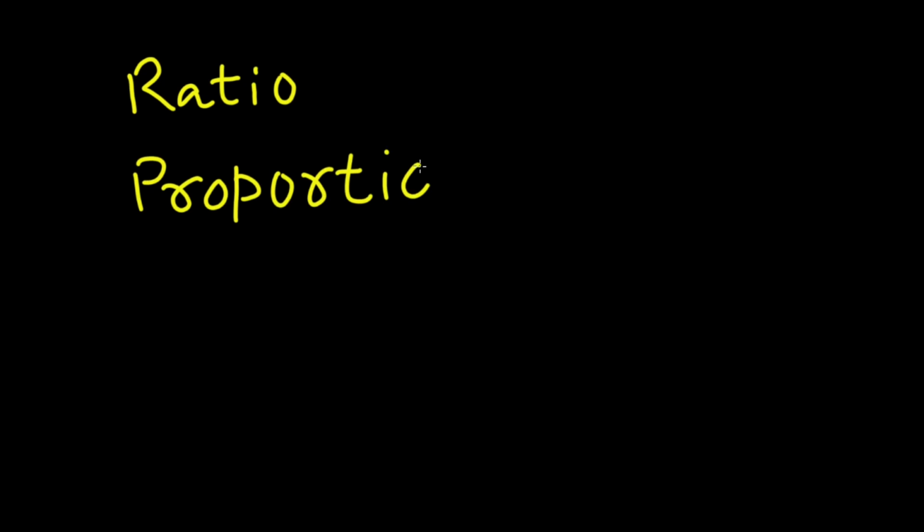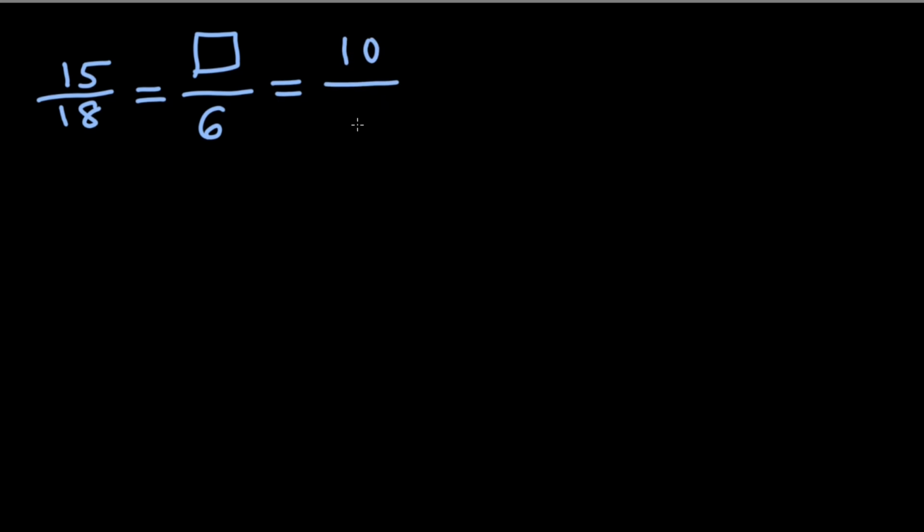After ratio, now we will talk about proportion. Here are four equal ratios. 15 by 18 equals a blank in the numerator by 6 equals 10 by a blank in the denominator equals a blank in the numerator by 30.